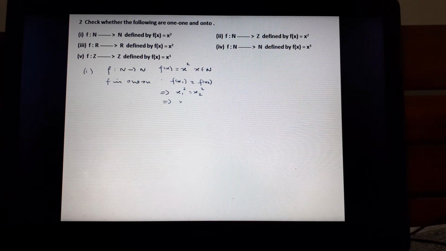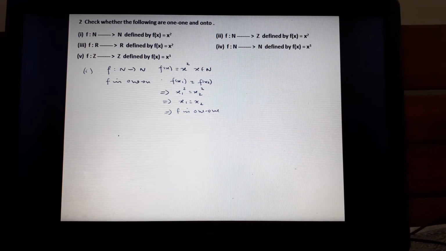Remember this implies x1 equal to x2 provided both x1 and x2 are positive. Therefore the square root of this one is positive only. x1 square equal to x2 square implies x1 equal to x2 provided they are in N. If it is in Z, it is not correct. So definitely f is 1-1.